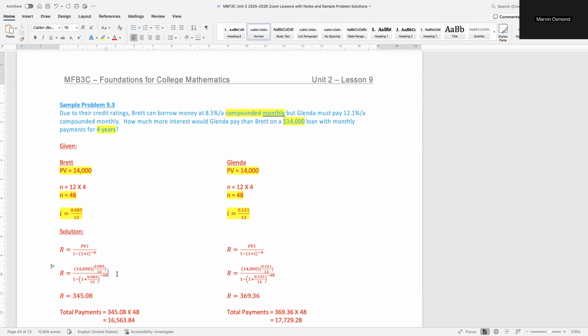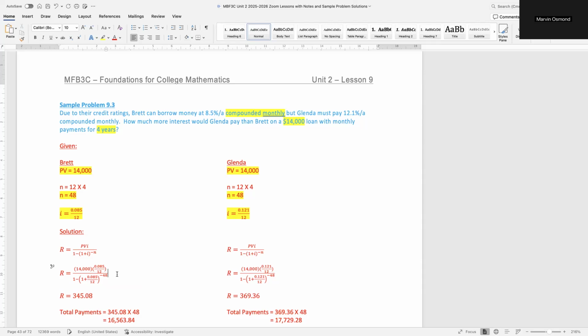Close that bracket to the power negative 48, and then close the other bracket, and then press enter. And I get 345.076247. Round that to the nearest penny, and I get $345.08.